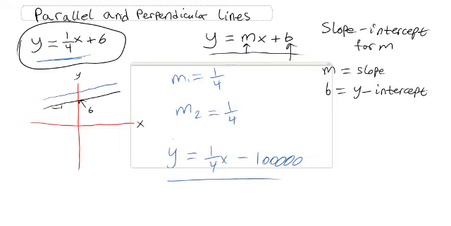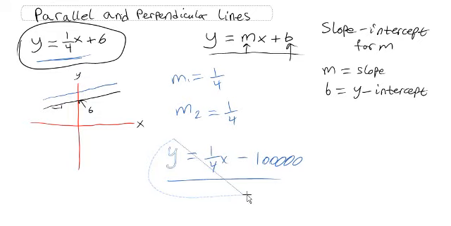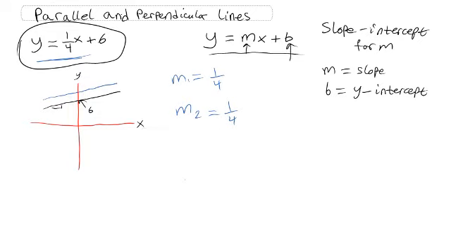Anyway, sorry about that. On the other hand, if you want a perpendicular line, all that means is that it's the negative reciprocal of the original slope. So if m is 1/4, then the perpendicular slope, that's what this little symbol right here means, m perpendicular, will be the negative reciprocal.